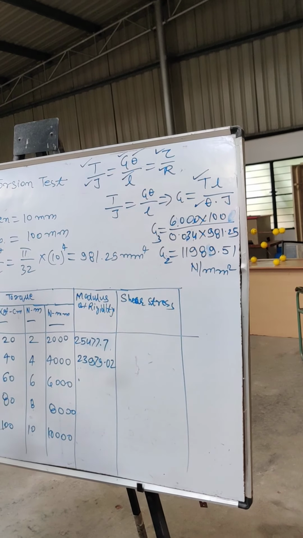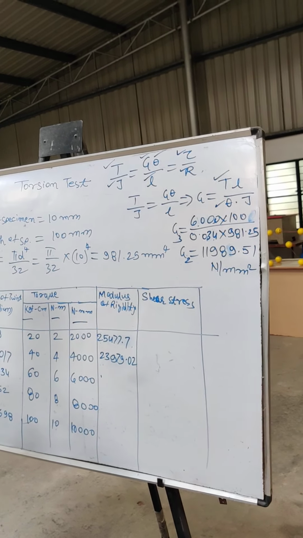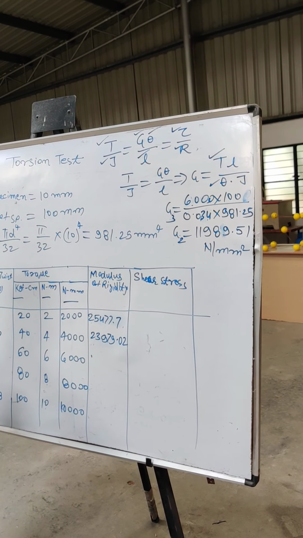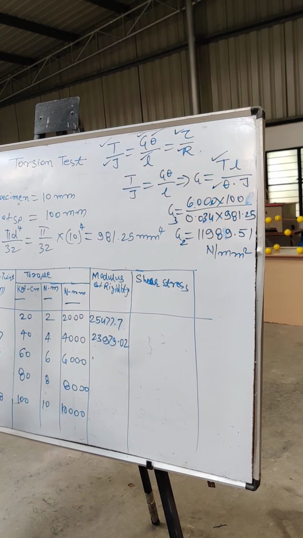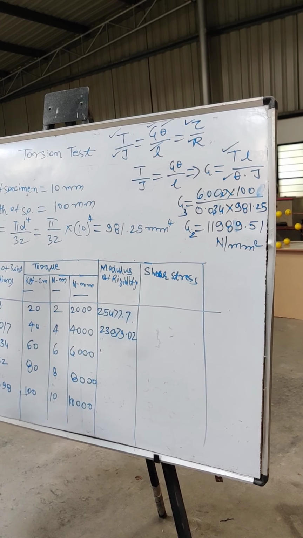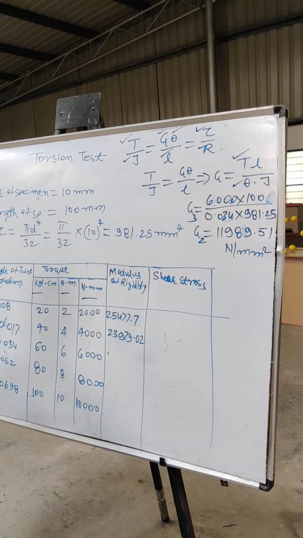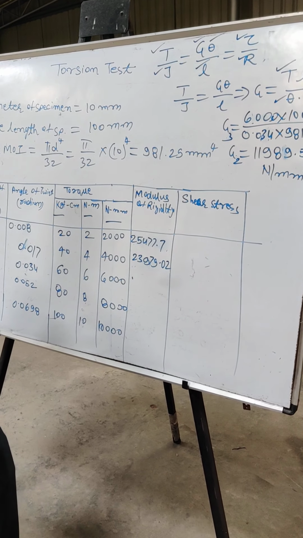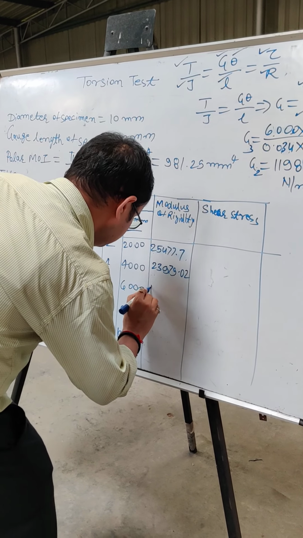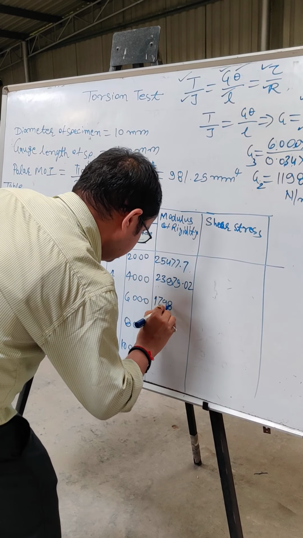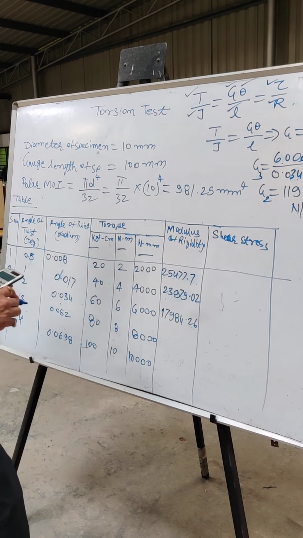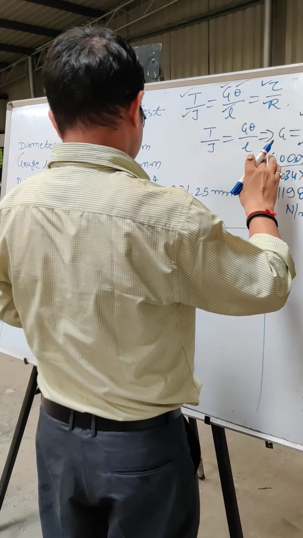So what is it? For 6000, it is 17984.26. Again we have to change this value.